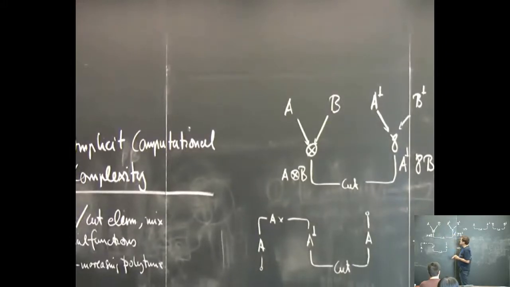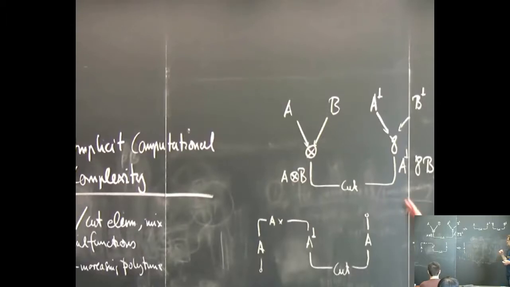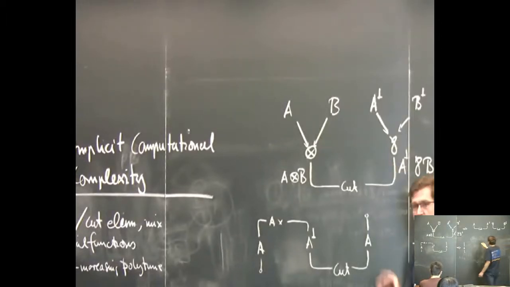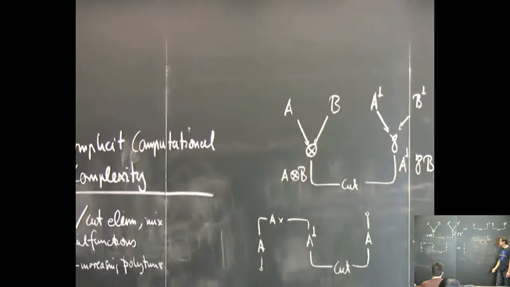So if you want to integrate mix into the proof nets, and I gave you some motivation last time for doing that because it corresponds somewhat to concurrent computation more closely, then you just drop the connectedness criterion. Because the mix rule, in classical linear logic, if you look at it from the point of view of proof nets, says you have a proof net for this, you have a proof net for that.